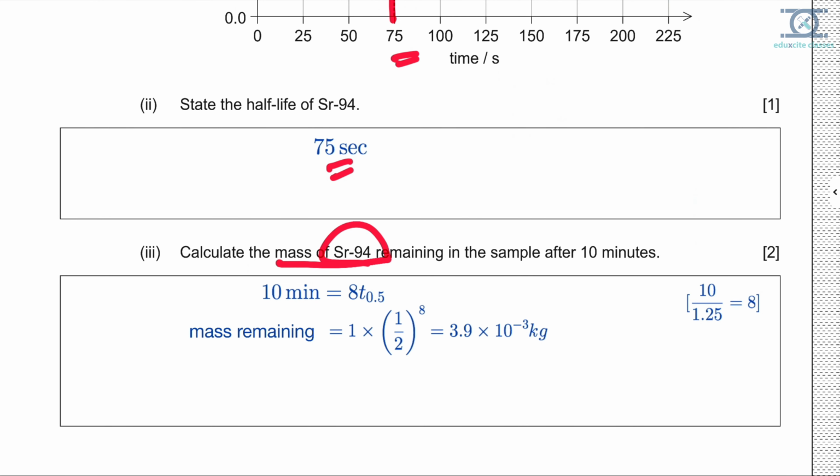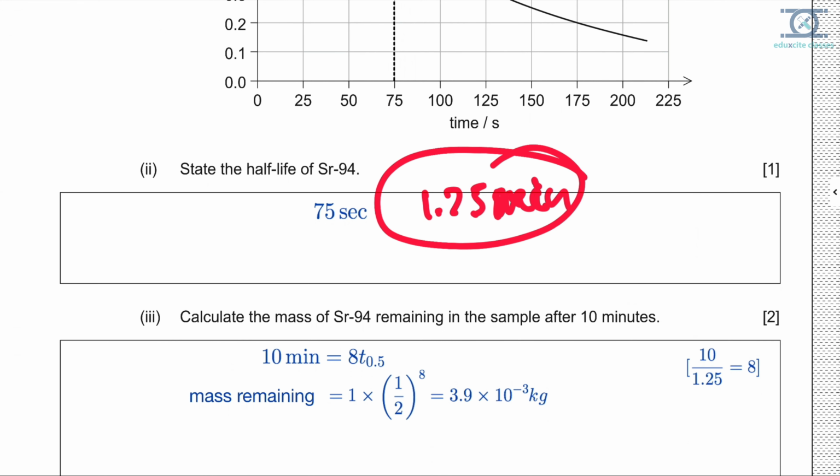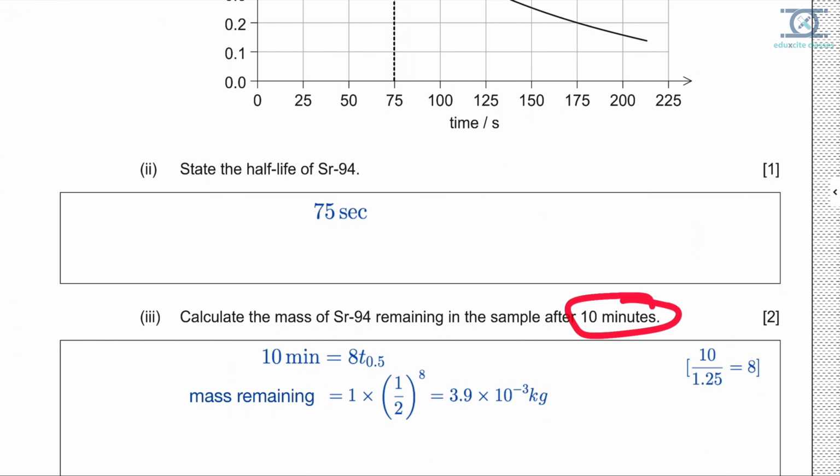Calculate the mass of strontium-94 remaining in the sample after 10 minutes. Okay, so 75 seconds is how much? That is 1.25 minutes. So how many half lives will be there in 10 minutes? 10 divided by 1.25, that is 8 half lives already completed after 10 minutes.